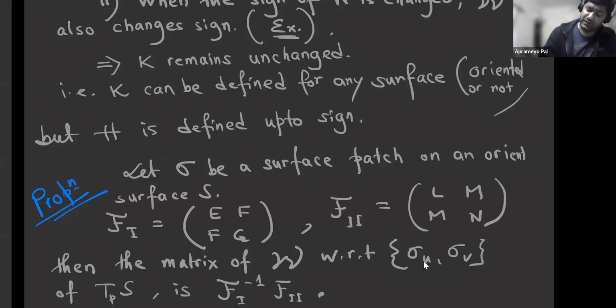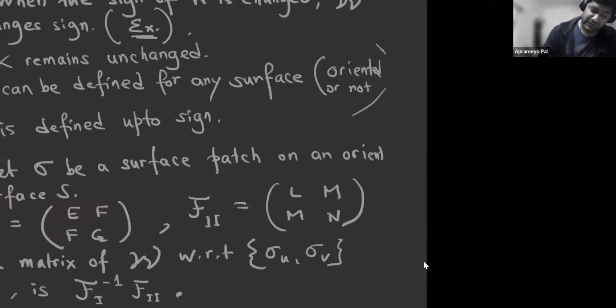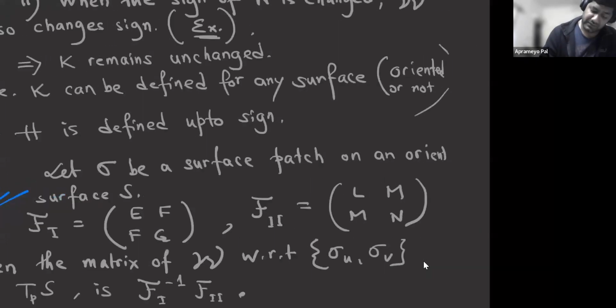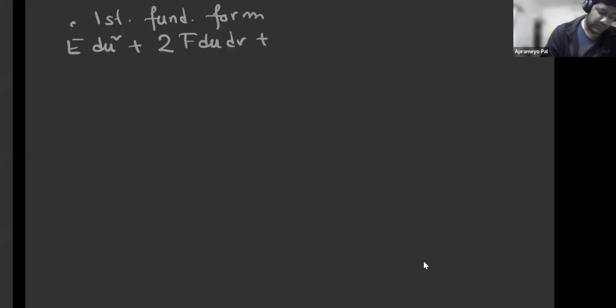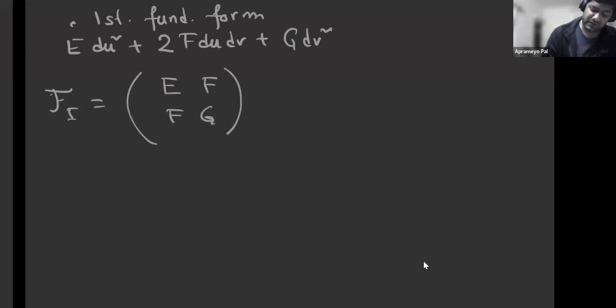Okay, so let me just write this down, what I am saying. You have the first fundamental form as E du square plus 2F du dv plus G dv square. And here you are defining Fi as the matrix E, F, F, G. So this is a symmetric matrix, right?